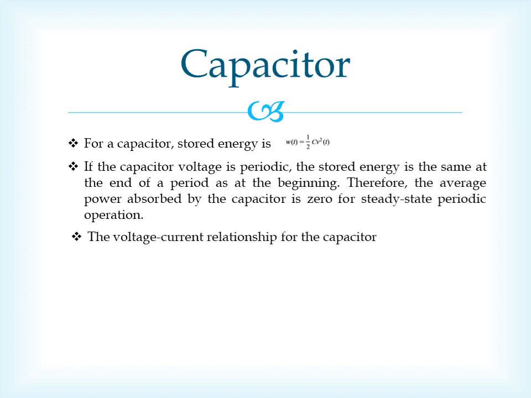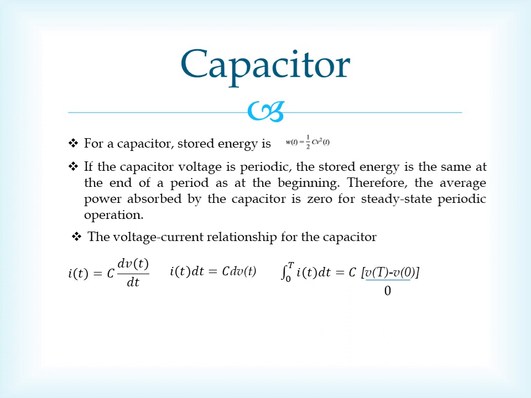We can prove this by using the voltage current relationship for the capacitor, which says that I equals C dV upon dt. We can integrate it to find the average value of current, and it comes out to be C into the voltage at the completion of the time period minus the voltage at the beginning of the time period. Now because the stored energy is the same at the end and the beginning, this will be 0.